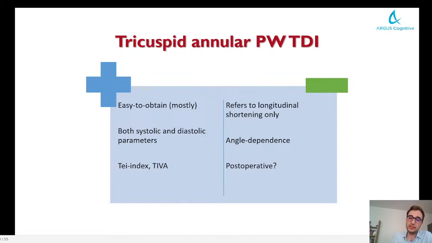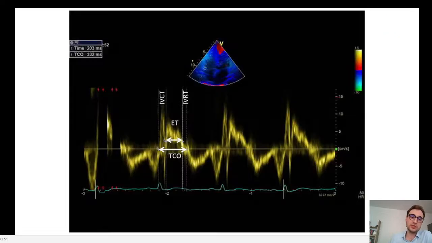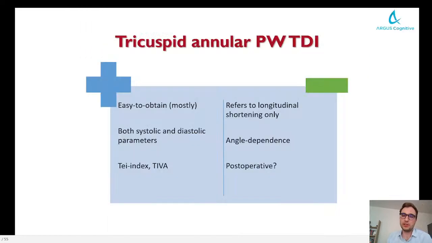And by using a TEI index, so measurement of the isovolumetric contraction and relaxation time, and dividing it by the ejection time, we can yield a more integrative marker of right ventricular function.